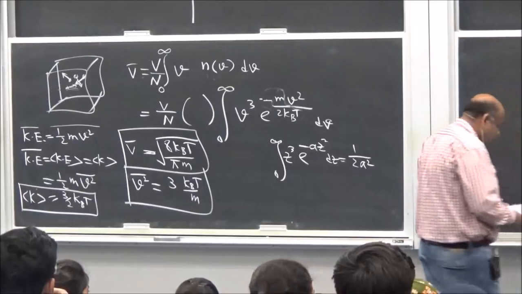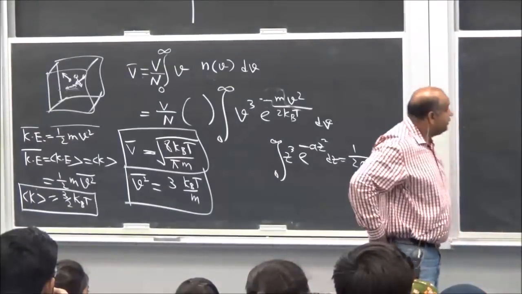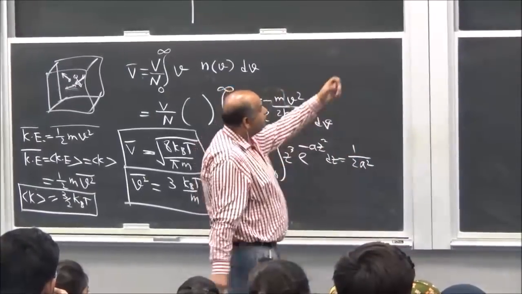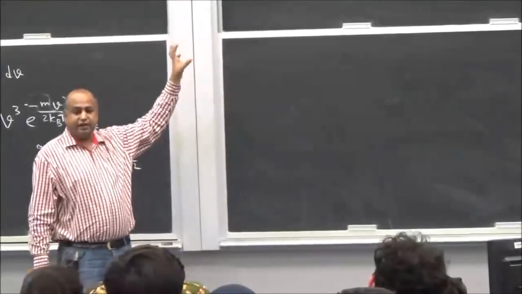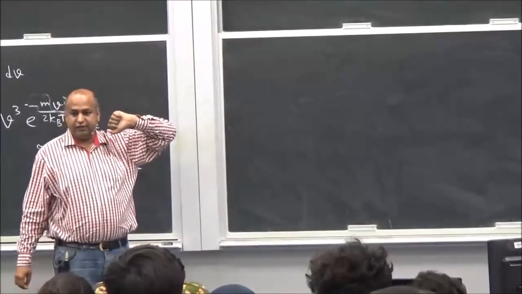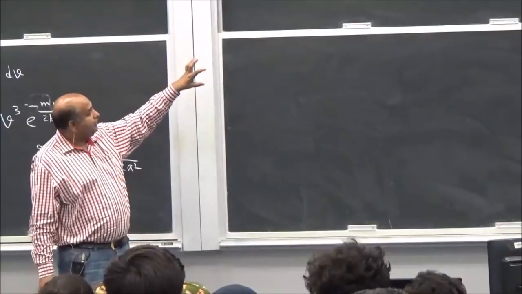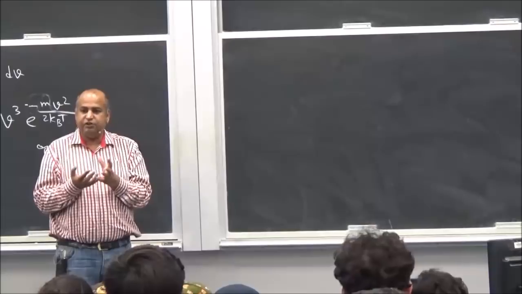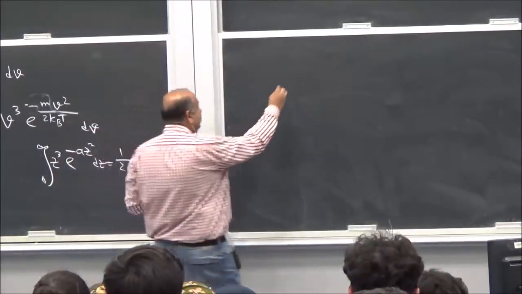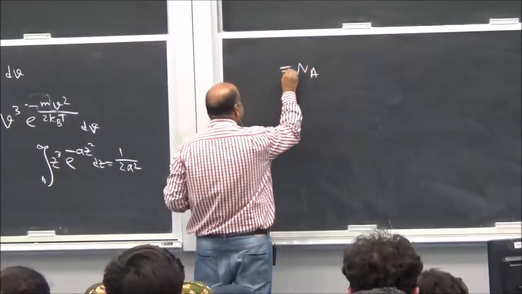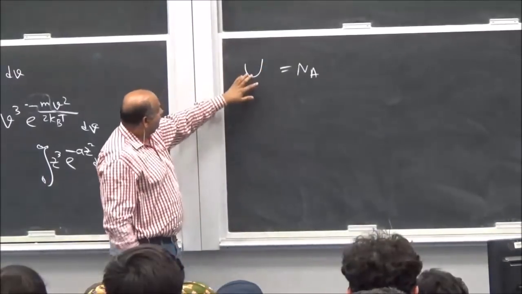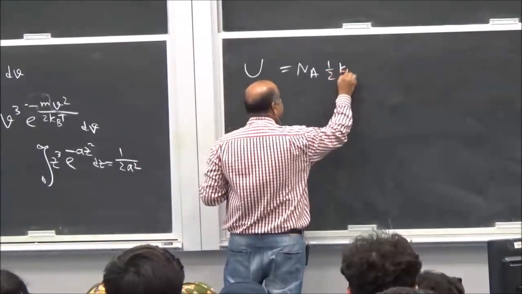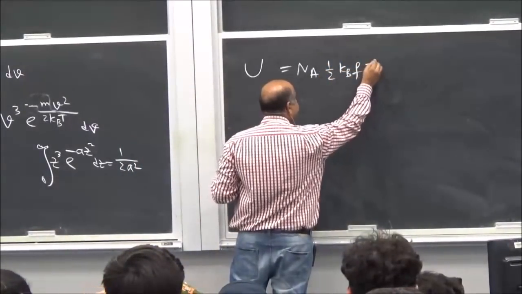So it means that we can predict the average energy of a particle using this equipartition theorem. And if you have, let's say, a mole of a material, so there are Na particles by definition, so the total energy in a mole of particles would be Na into half kB f.